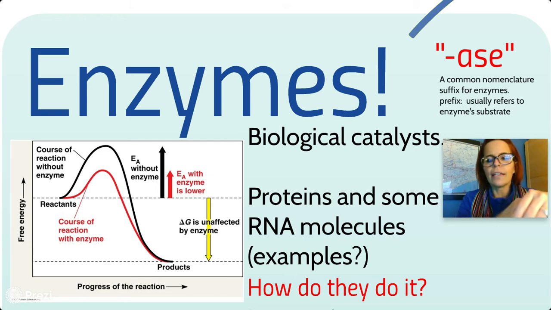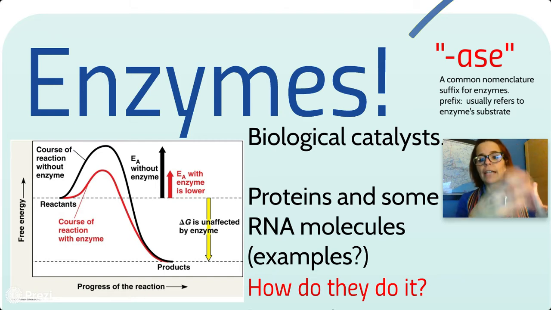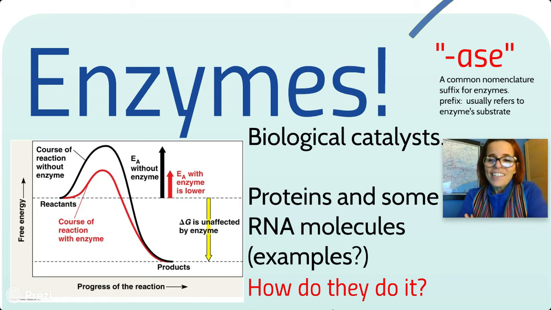In the liver lab, we're going to be looking at the decomposition of hydrogen peroxide. Hydrogen peroxide breaks into water and oxygen. That reaction can happen naturally. However, you have enzymes in your body that make it happen incredibly fast.